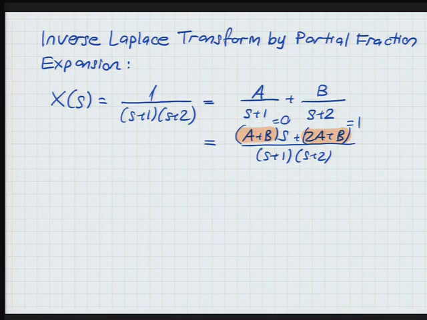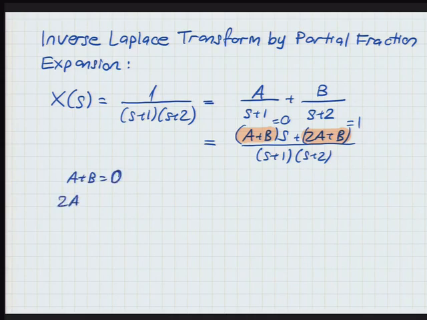We'll see the situation shortly where you have powers of terms, like not just s plus 1, but s plus 1 squared in the denominator. That will require a little more care. But for this type of thing, when the poles, negative 1 and negative 2, are distinct, no repeated poles, then there's no problem. You just do it this way. So 2 equations and 2 unknowns.